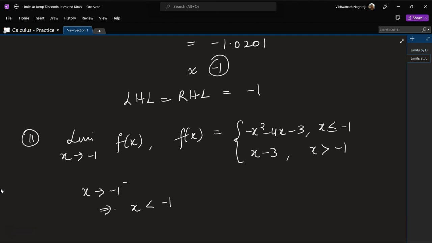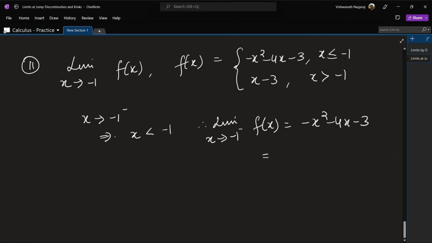So we can use direct substitution. So therefore limit as x approaches minus 1 from the minus side of f of x equal to minus x square minus 4x minus 3. Again you have to be careful. So this would be equal to minus 1 square minus 4 times minus 1 minus 3, which is equal to minus 1 plus 4 minus 3, which is minus 4 plus 4, which is 0.